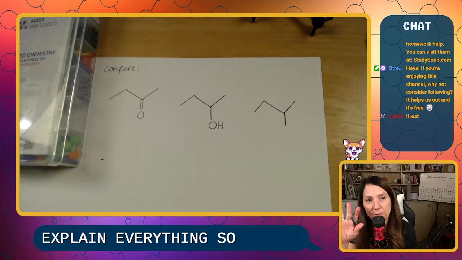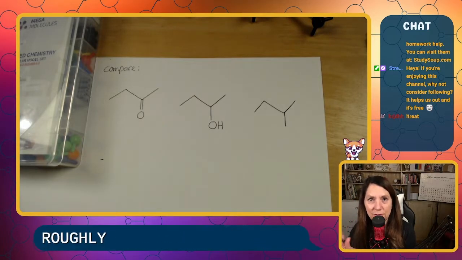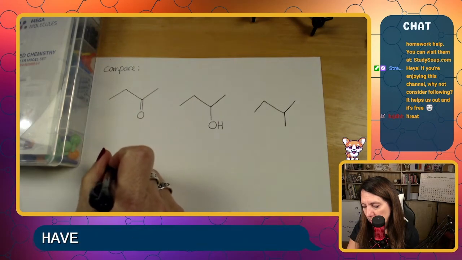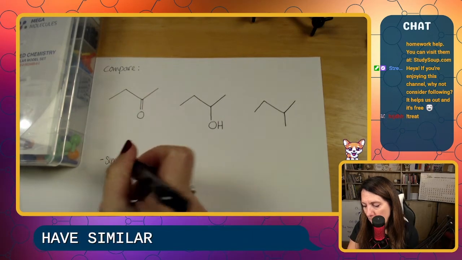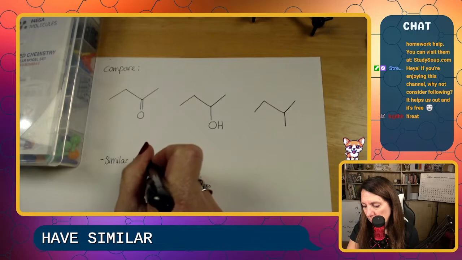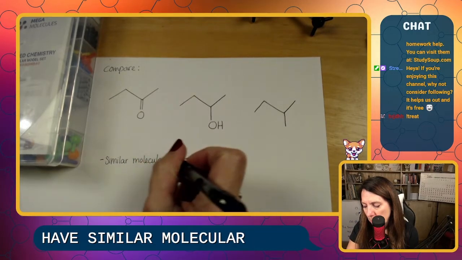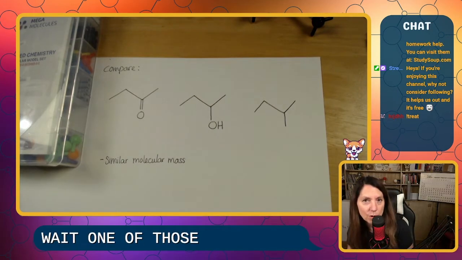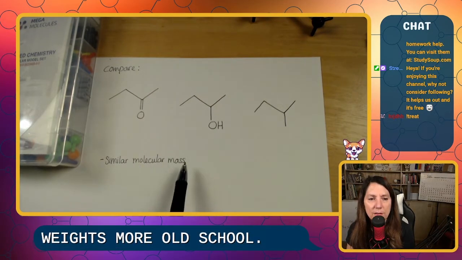So we want to look at, really roughly, do they have somewhat similar mass? And it's true. You can say mass, you can say weight, one of those. Molecular weight's more old school, but they've got similar molecular mass.